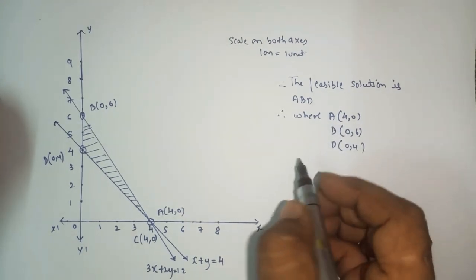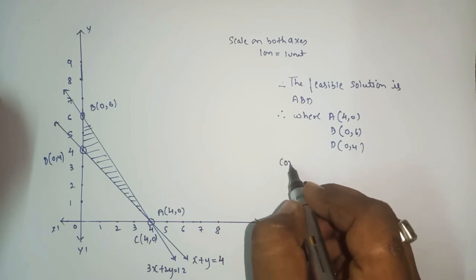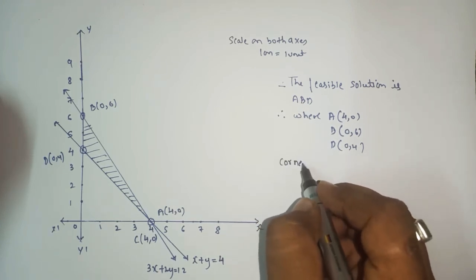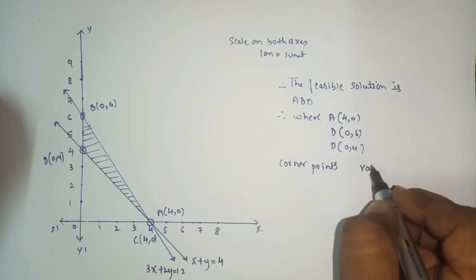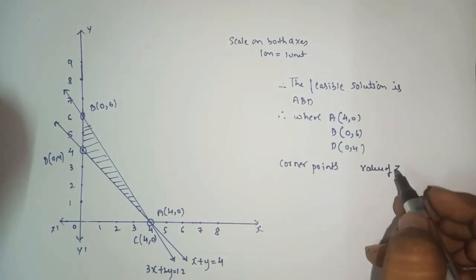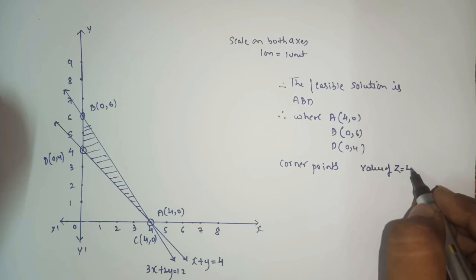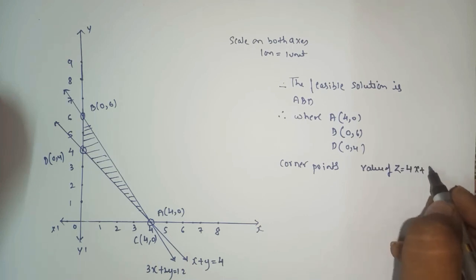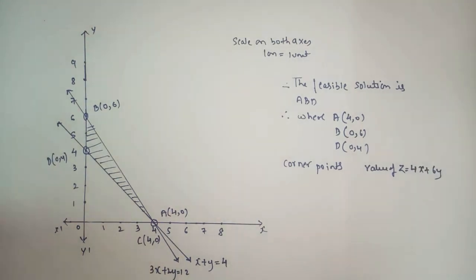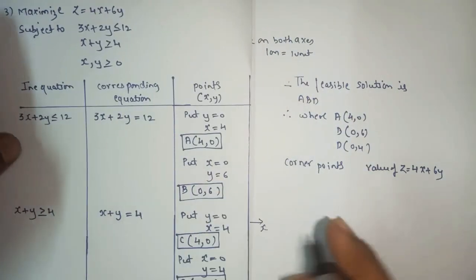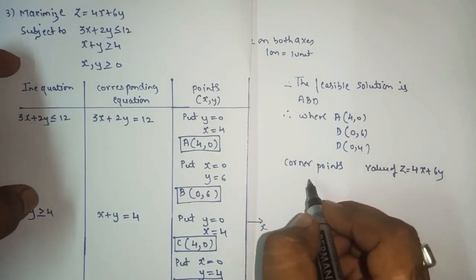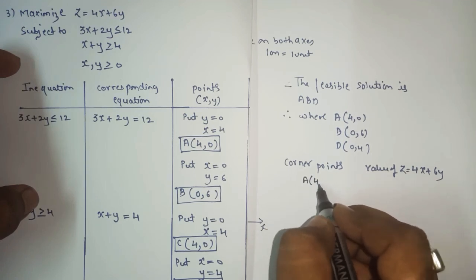Okay, so now the next thing is what? We have to make a table with respect to the corner points and the value of Z, that is 4x plus 6y. So the first point is A 4 comma 0.